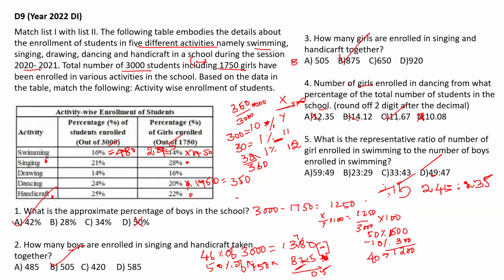Preeti ma'am, good. Tyagarajan sir, good. Nitya ma'am, in which question have you missed? Okay, Jayanti ma'am, in which question have you missed? 3. Amrita ma'am, good. What was difficult? 2 and 5, ma? Now you're clear?